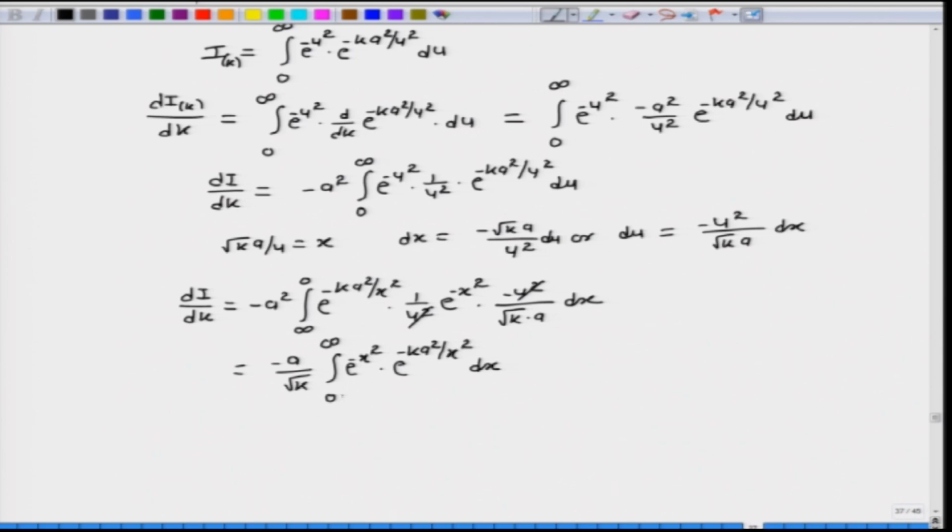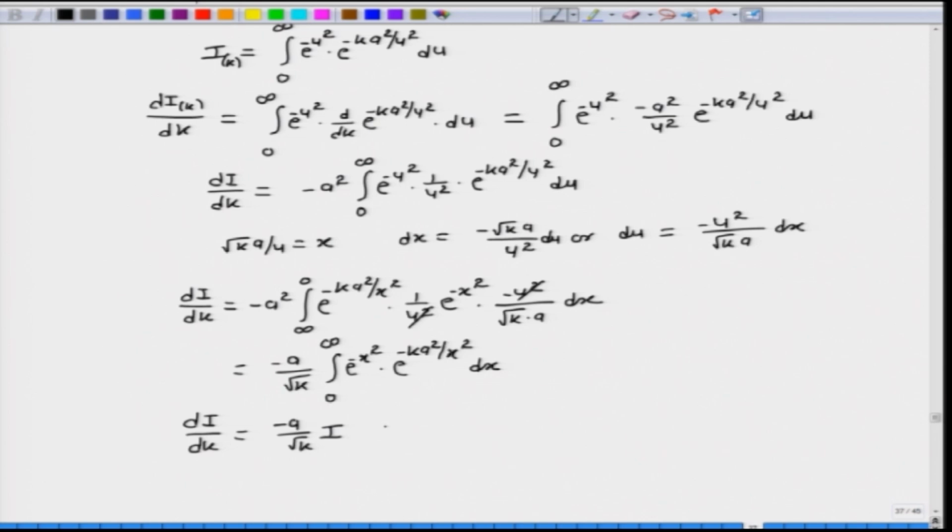And if we closely look at this integral, in the limit from 0 to infinity, it is basically the same as I of k. So, what we get here is dI by dk is equal to minus a by root k times I.